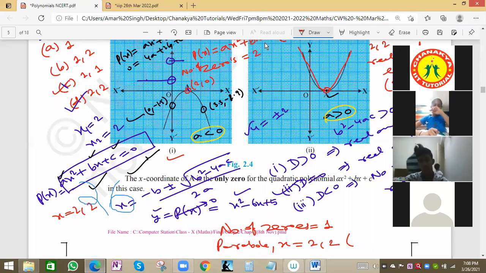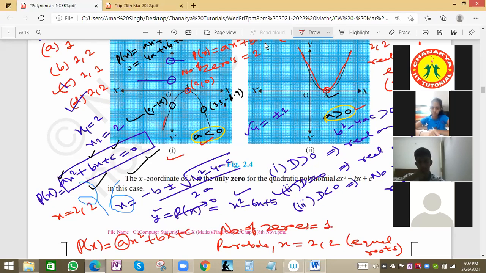That's why equal roots, equal zeros, both are having the same value. The difference is a less than 0 or a greater than 0, because a parabola or quadratic polynomial is of the type ax square plus bx plus c. The value of a decides whether the parabola opens in a downward or upward direction. If a is negative, the parabola opens downward. If a is positive, it opens upward.